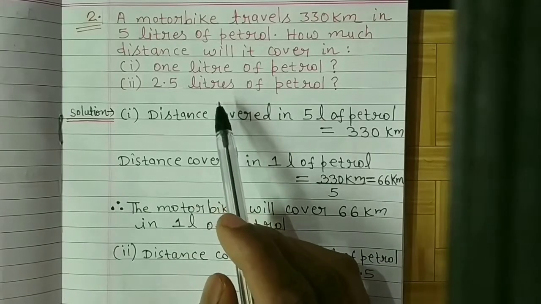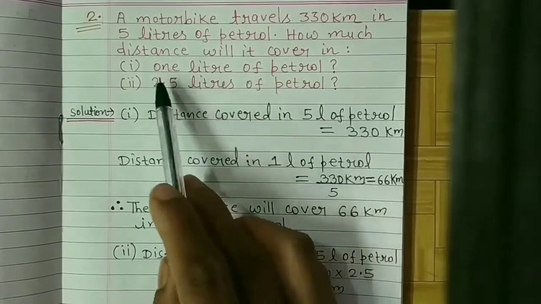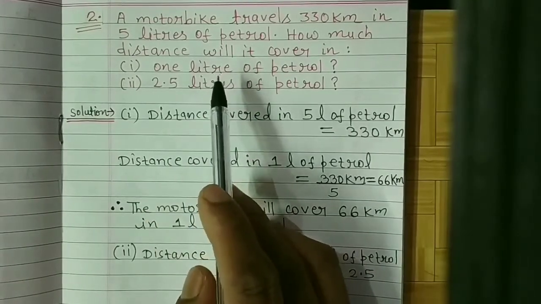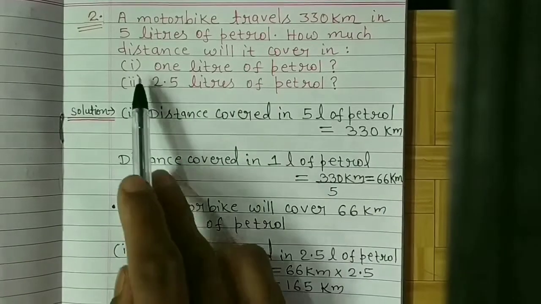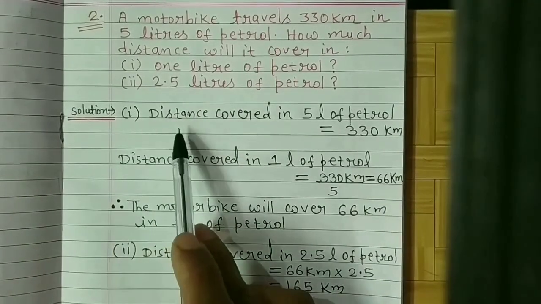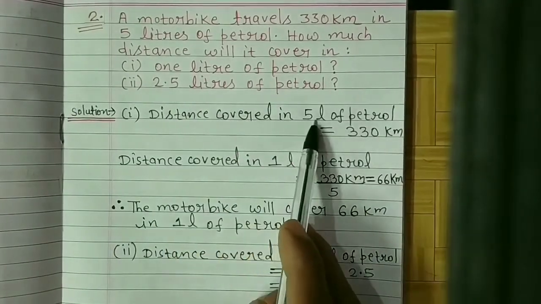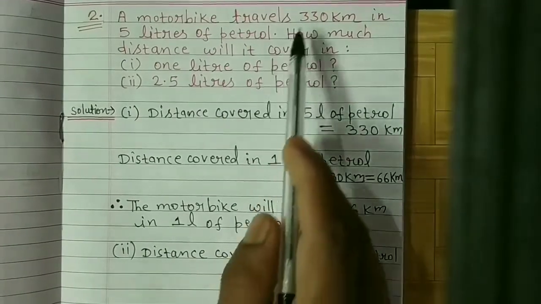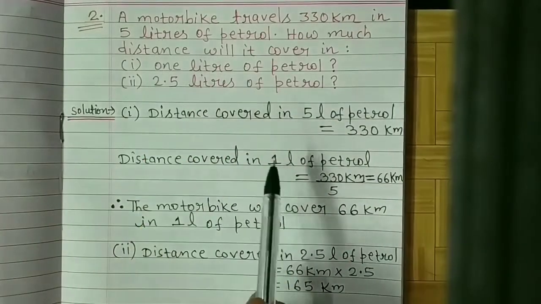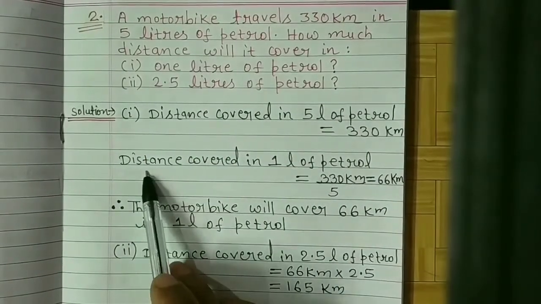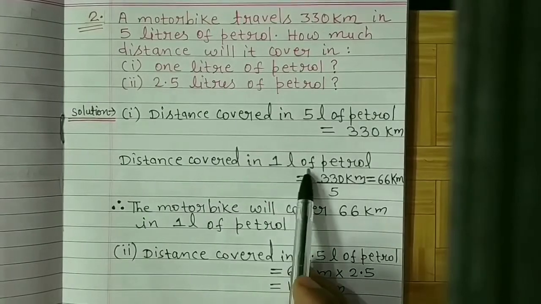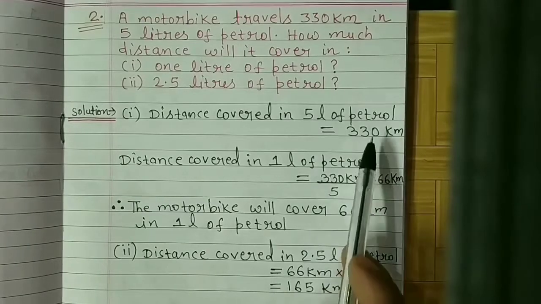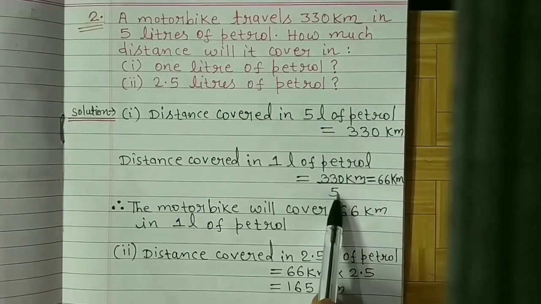As we already know, for a single quantity, for a unit quantity, we are going to divide. So for the first question, I have written: distance covered in 5 liters of petrol equal to 330 kilometers, the same statement. Then I have written: distance covered in 1 liter of petrol equal to 330 kilometers by 5.